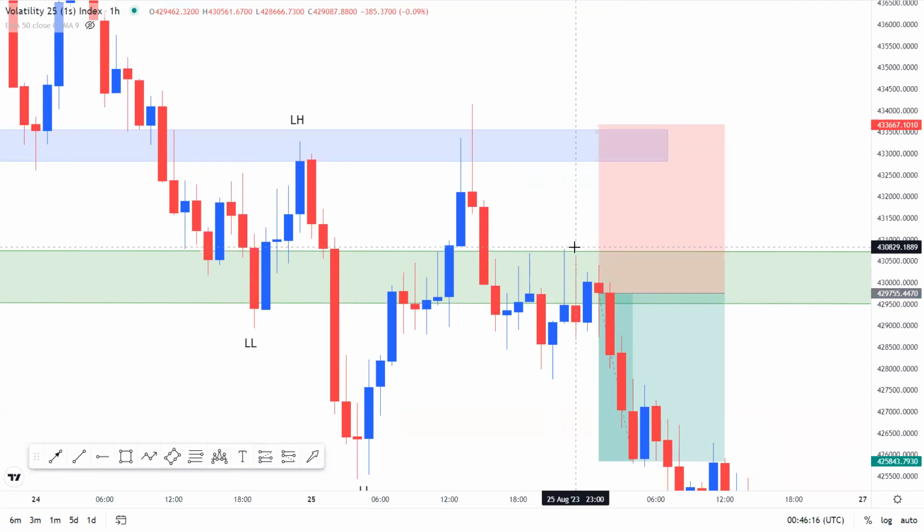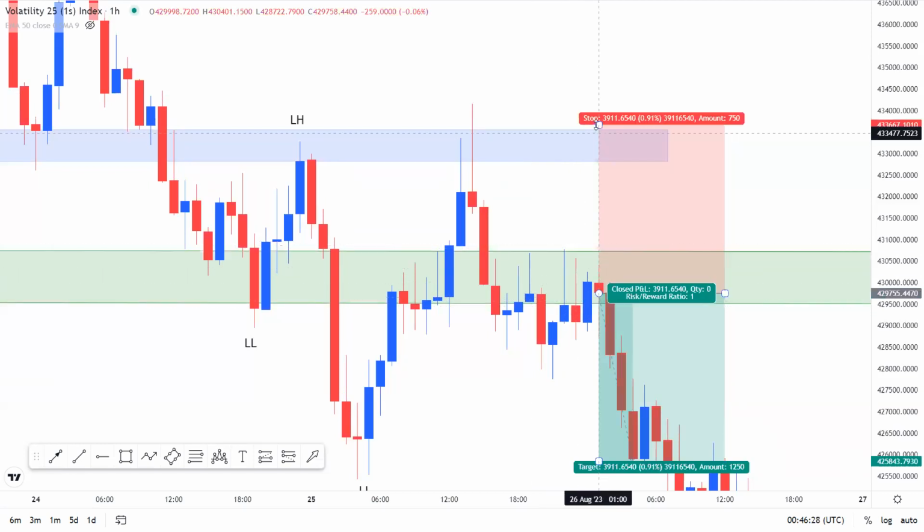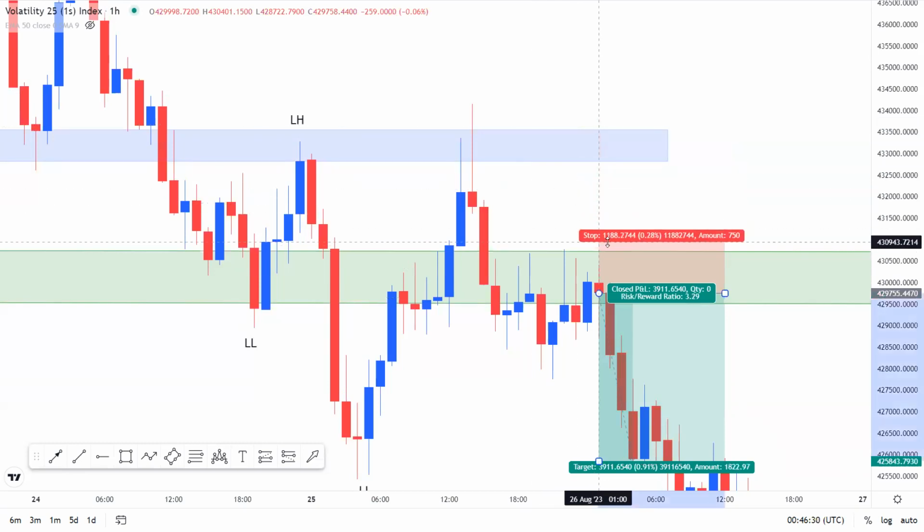Now, you have to understand that multiple times the buyers have tried to push price above this level, but the sellers kept on rejecting the buyers from doing so. So I had a very tight stop loss owing to the fact that if for any reason we had a candlestick close above this level, it's most likely because price wants to keep heading to the upside.